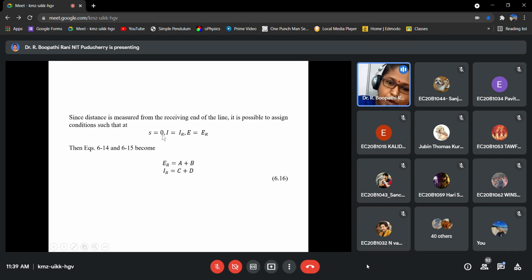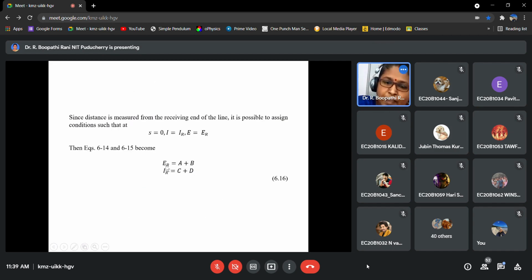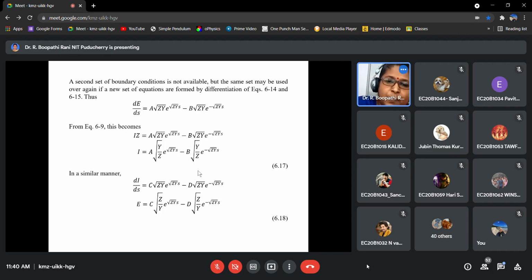So those can be substituted here, and the equation can be simplified. We are getting ER equal to A plus B, IR equal to C plus D. In order to solve, we need two more equations, two more relations.